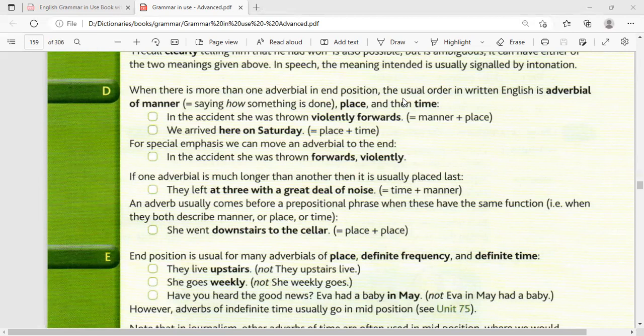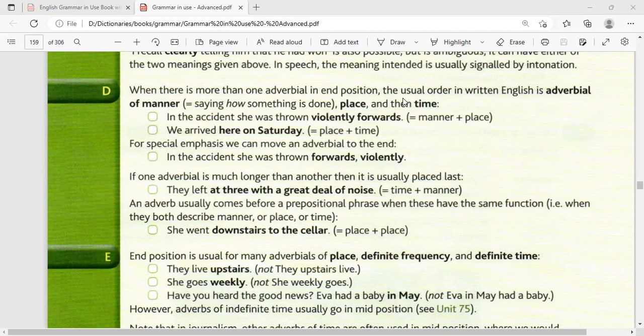We put it at the end. So if you have more than one adverb, you're going to order them.